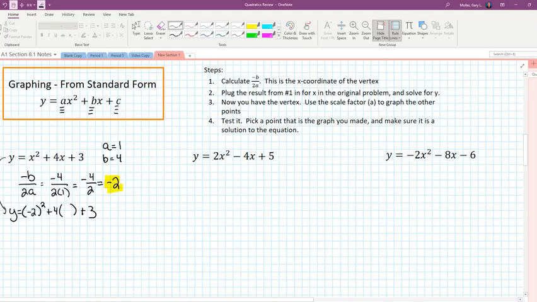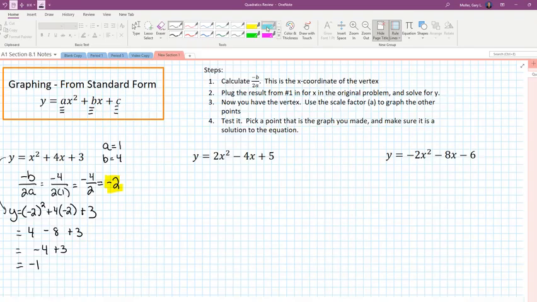And then I'm going to be very careful about the math and not make a silly mistake. Negative 2 times negative 2 is positive 4, minus 8, plus 3, which is going to give us negative 4 plus 3, which is negative 1. So the y coordinate is negative 1.